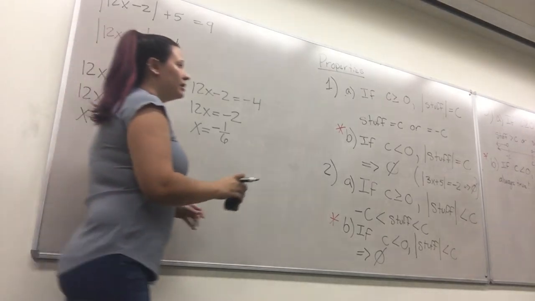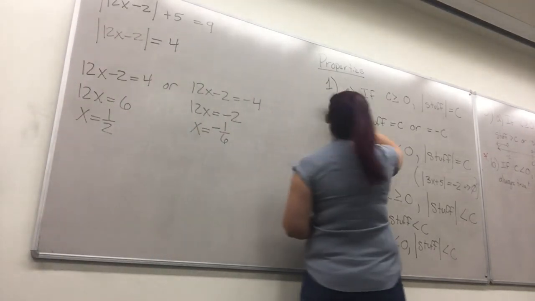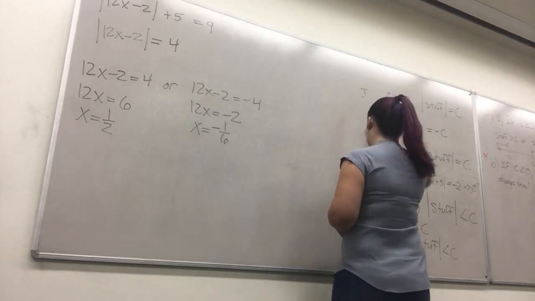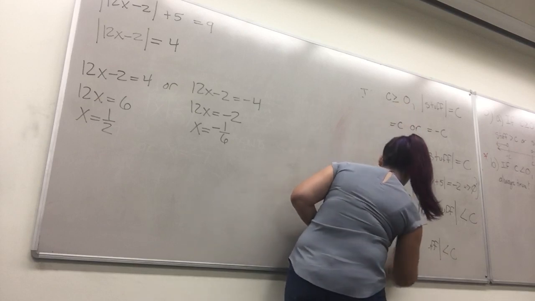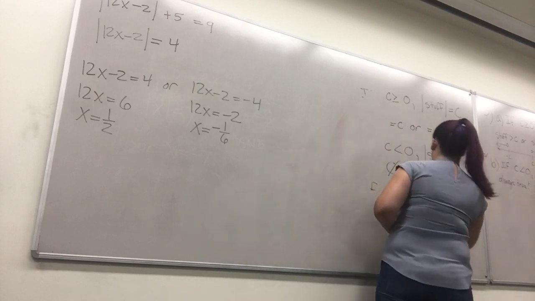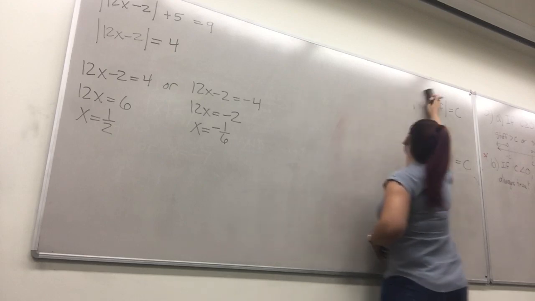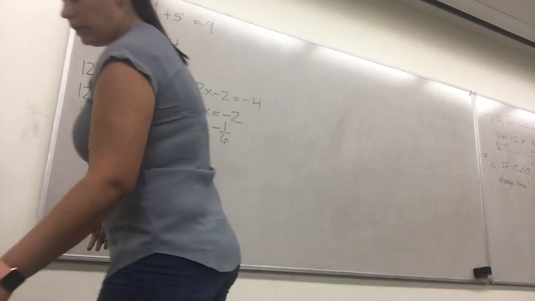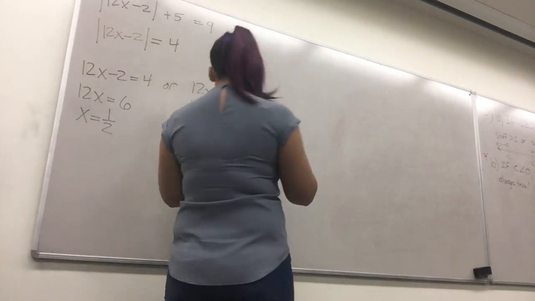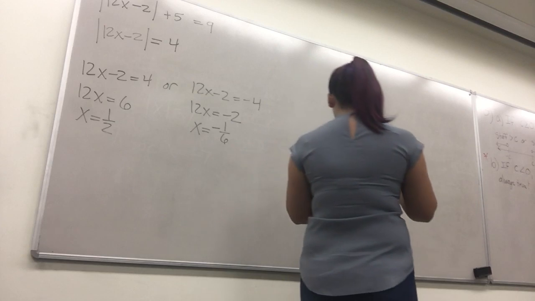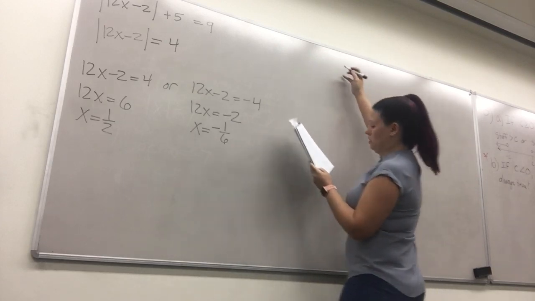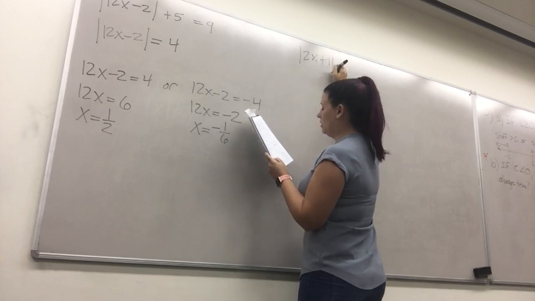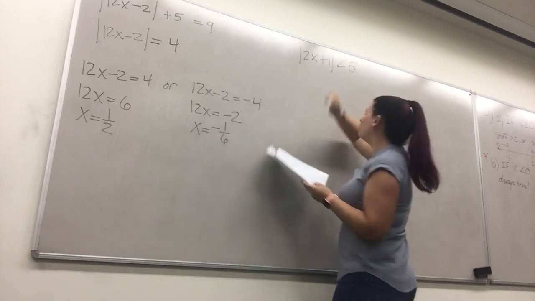Everybody good if I erase the properties? Okay, so then let's do the absolute value of 2x plus 1 is less than 5.